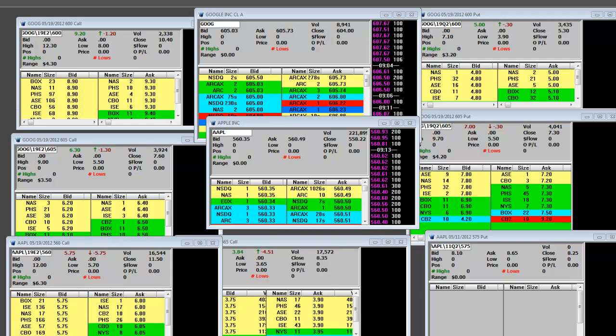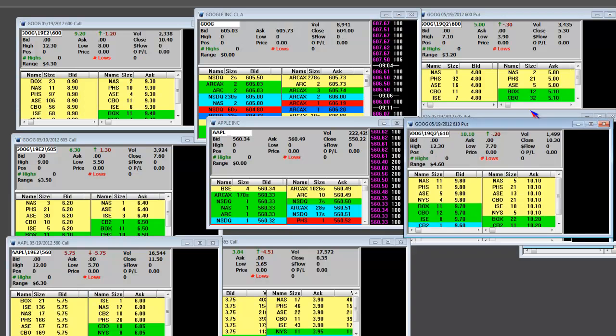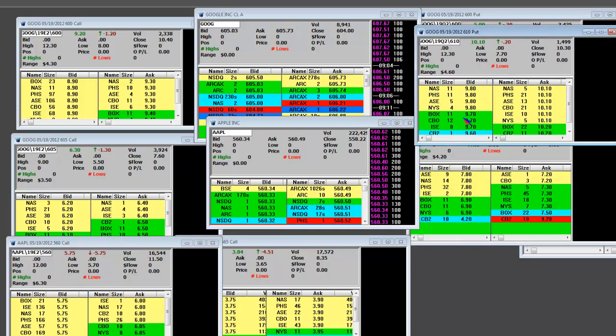610 coming up. And here's that 610. This one here, we'd like to get this for about $5.80 and make a boatload of money, but you'd have to bounce off support.